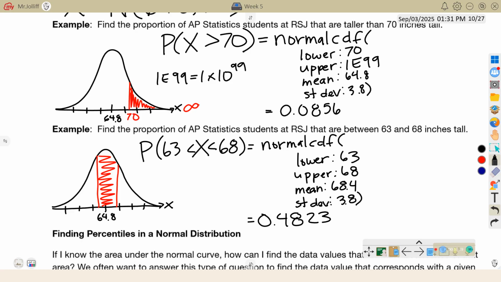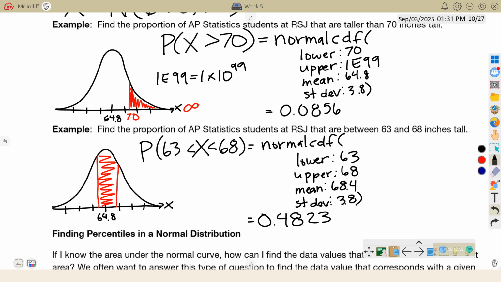Once you understand the calculator commands, the worst part of this is all the writing you have to do to support it, right? Because the calculator commands, when you're doing them over and over again, are those same button presses. I need to encourage you at this point in the school year not to get lazy with your writing. It makes the difference between a 2 and a 3 or a 3 and a 4. You need the picture.